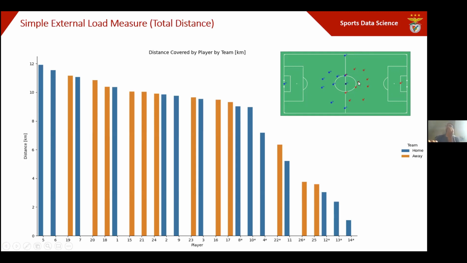One challenge for you, I can do this in R, I'm not the best in Python yet, could be to change the size of the circle for each of the players in their starting location based on the distance that they covered.